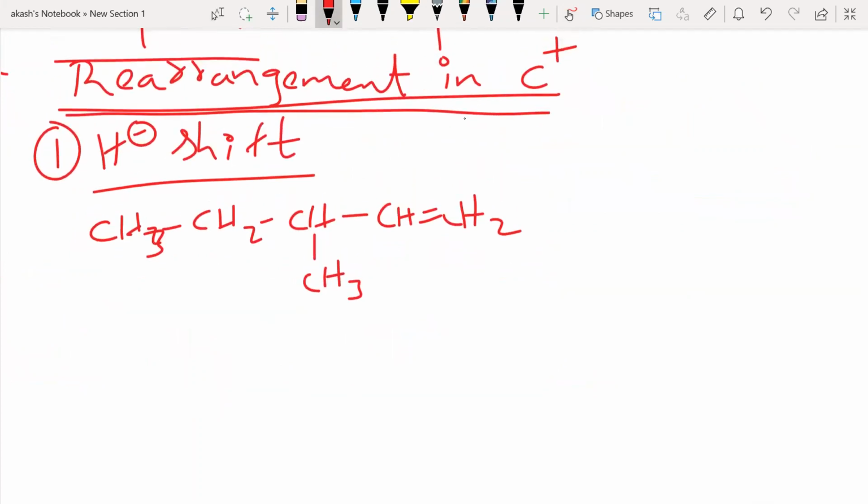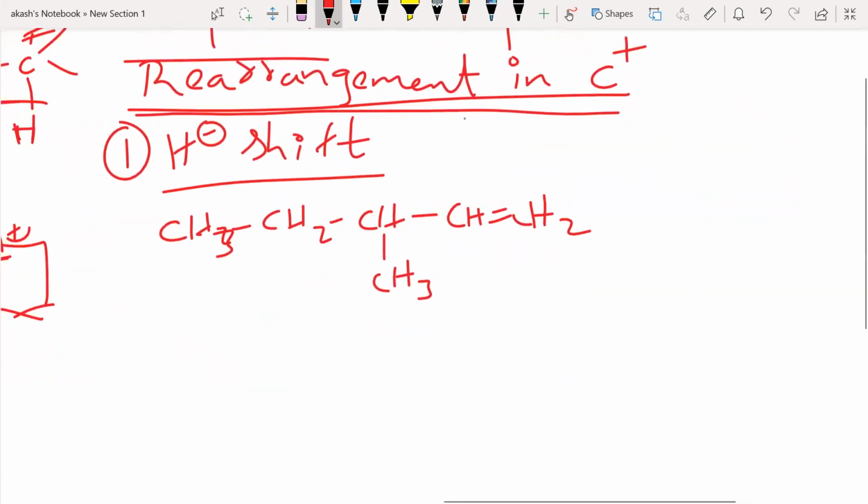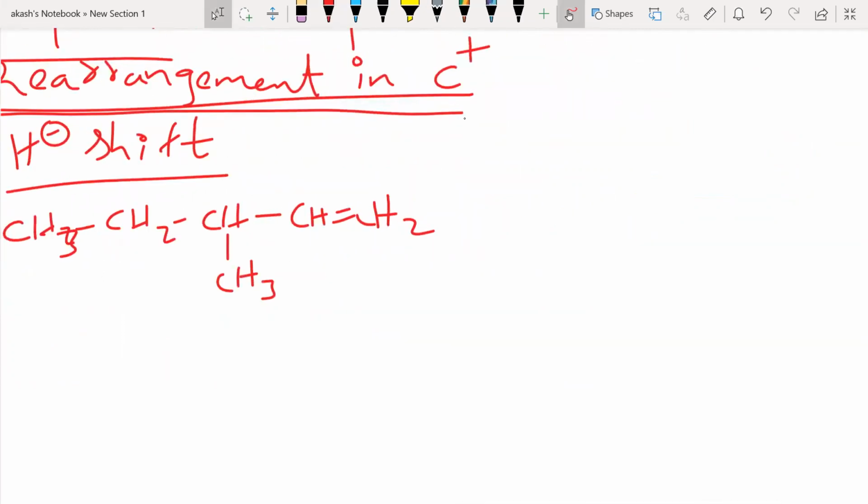When I first put the H plus, this H plus is going to attack here only. So I'm going to form a secondary carbocation.